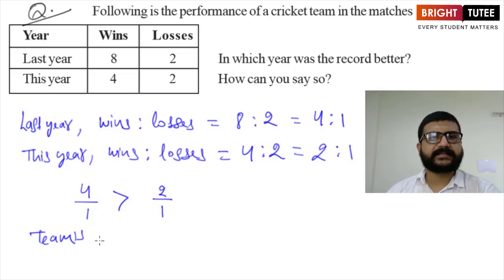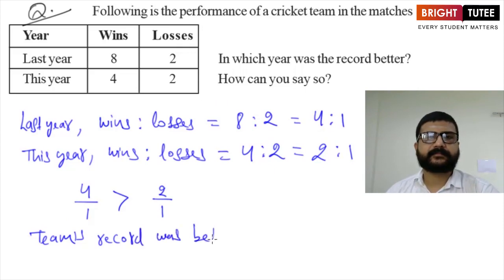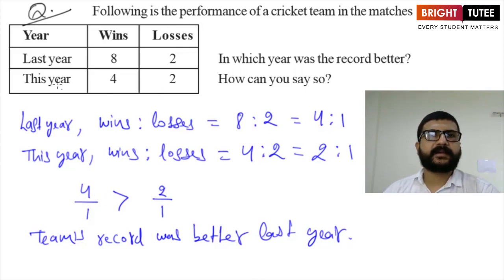We can write it like this. So this is how we can compare the performance of a cricket team in the last year to the current year. So basically, for comparing two quantities, we compare them by ratios.